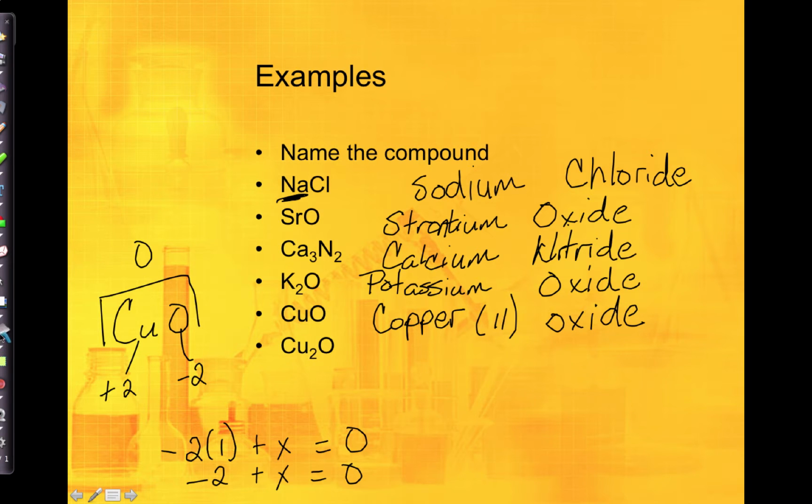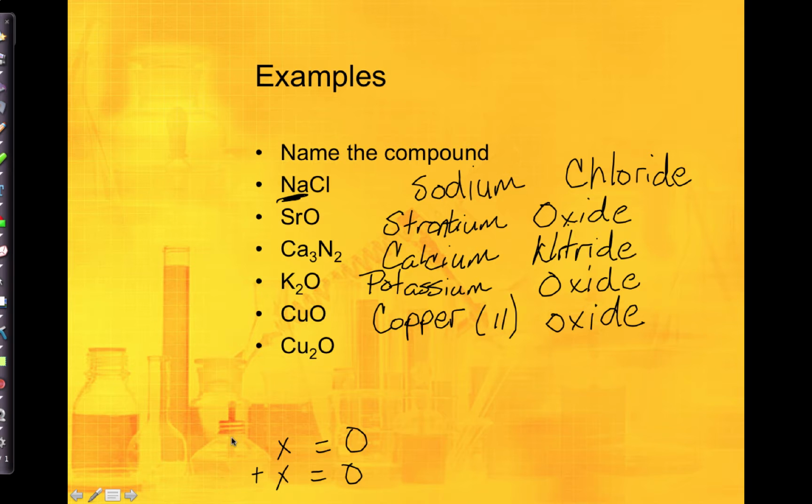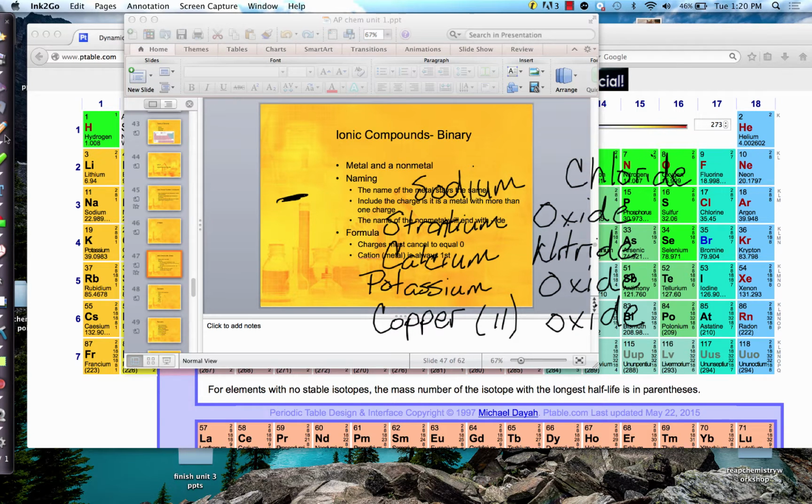Okay, so let's look at the next one. Okay, so Cu2O. So this is clearly different than the last one because this one has 2 copper atoms instead of just one. Same elements, but different ratio.